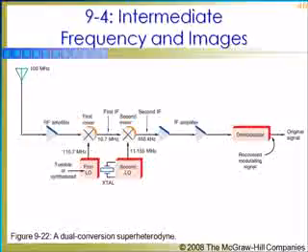So this figure shows how the different frequencies are obtained. The first mixer converts the incoming signal to a high intermediate frequency to eliminate the image, while the second mixer converts that IF down to a much lower frequency where good selectivity is easier to obtain. Each of these mixers produces different frequencies.